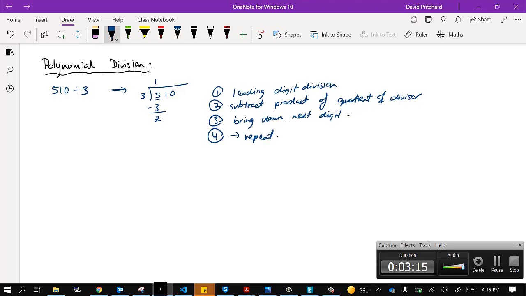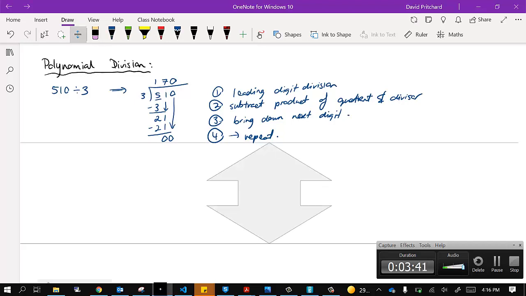So if I follow that, we've got 1, we bring down the 1, we've got 21 divided by 3, and we get 7. 7 by 3 is 21, so we subtract 21, and we get 0. We bring down 0, 0 divided by 3 is 0, so we end up with 170.